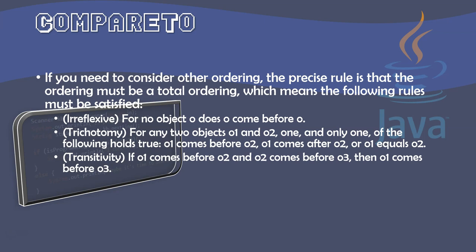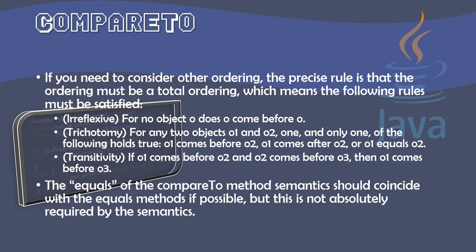And in case you're wondering, O is just a variable for the object. And lastly, you have transitivity, which is if O1 comes before O2 and O2 comes before O3, then O1 comes before O3. Again, referring to those variables, you have multiple objects in play here: O1 being object 1, O2 object 2, and so forth.